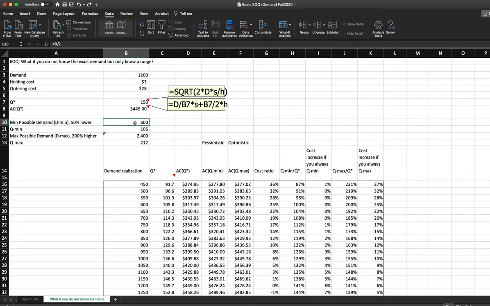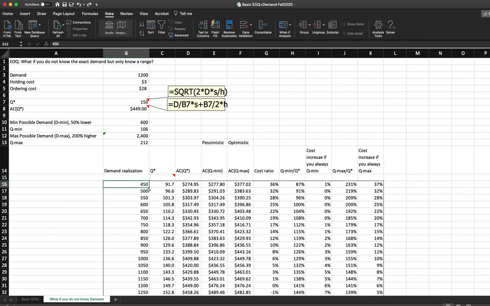The pessimistic manager always orders as if demand is only 50% of the true level, so he or she would order 106. Let's call the opposite the optimistic manager, who always assumes demand is twice as much. His or her EOQ would be 212. This is just plugging in the EOQ formula with different demand realizations.